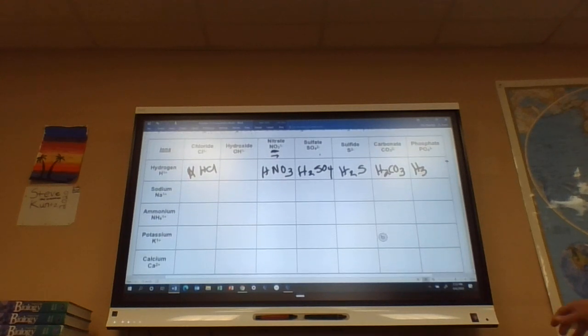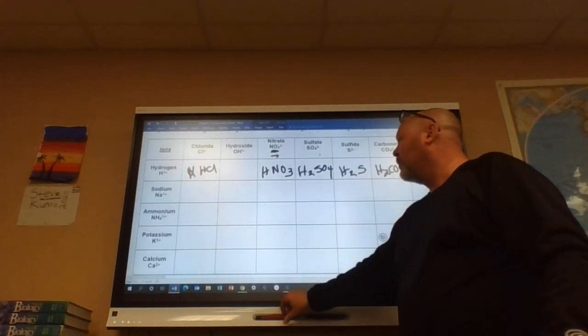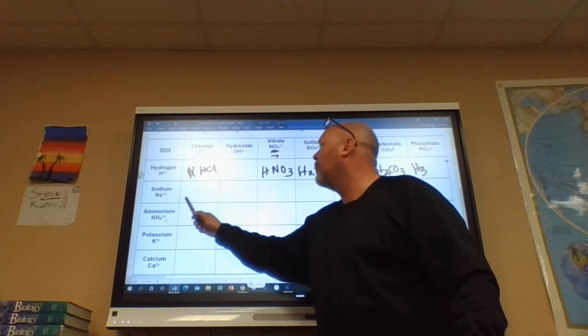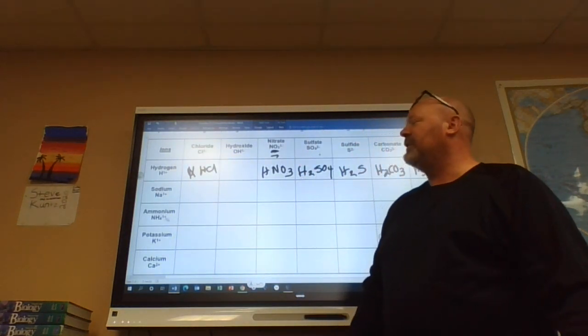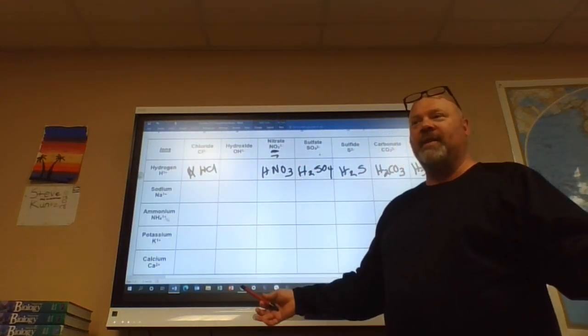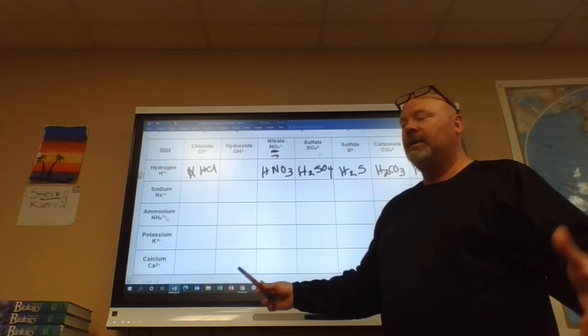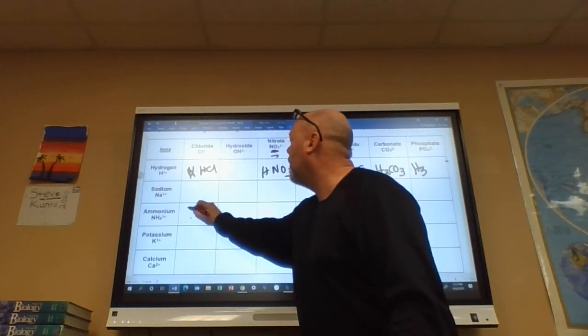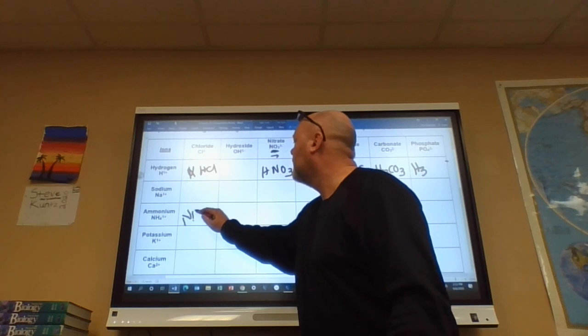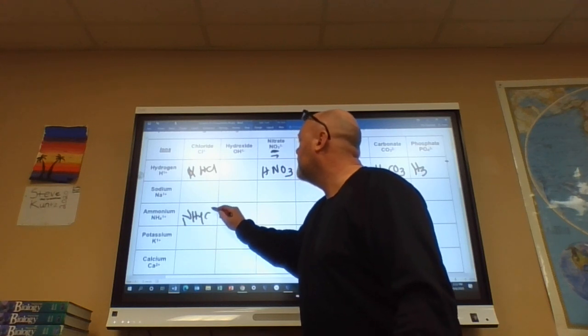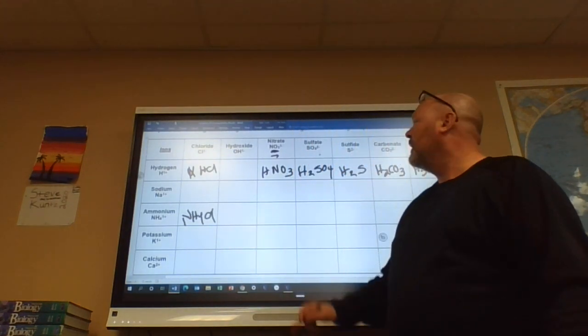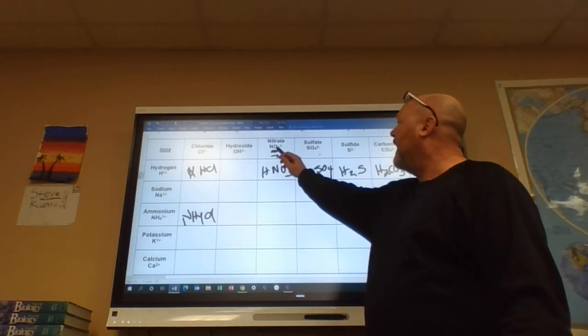All right, so now we have an ammonium, which is NH4 plus 1, and chlorine, which is a negative 1. 1 and 1, they cancel each other out, right? So we just write NH4Cl. That's all we have to do. Same thing would go for the NO3.